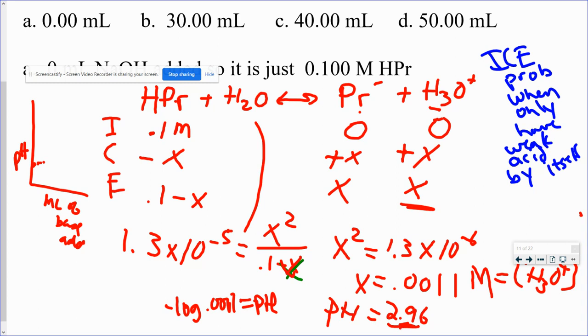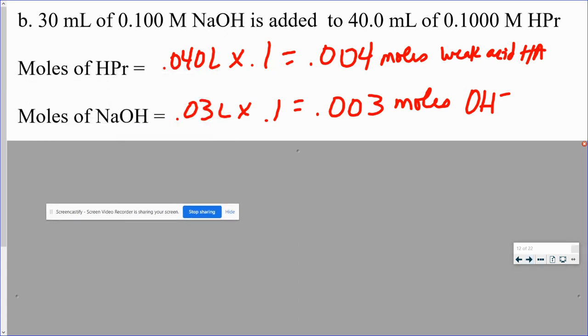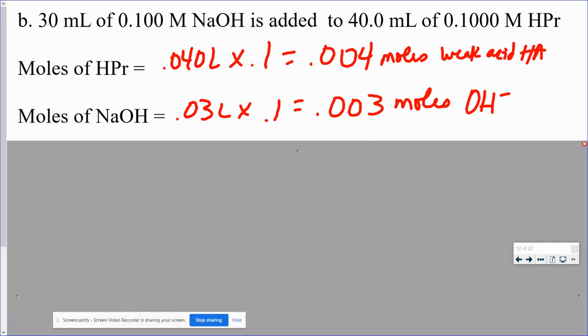Okay, then next we're going to add 30 milliliters of this base to it. So the next step, just like with our strong acid, strong base titration that we did before, you have to calculate moles of each thing that are added together.